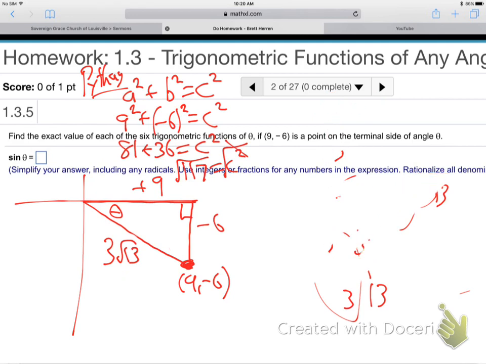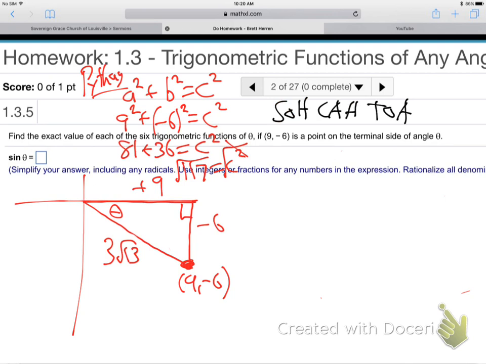So now take it from there. Let's do the SOHCAHTOA thing. So the sine of that angle theta. I don't even know what the angle theta is, I don't care. But the sine of that angle is opposite over hypotenuse. So which side is opposite from this angle's perspective?